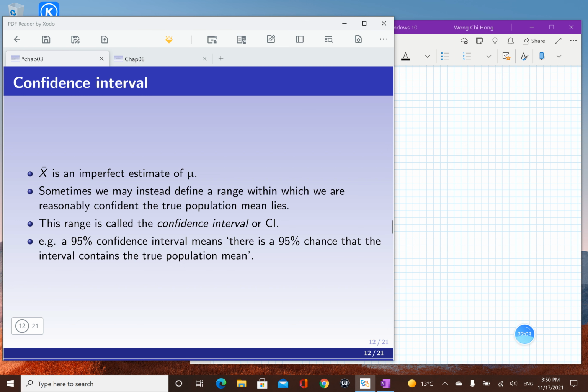I don't know what mu is, but I just have a number in mind, and then we use our x bar, using the alpha value to see whether this is likely to be true. Can we do the opposite? Like, I do my experiment first. I have my x bar, and I use my x bar to guess where the mu is going to be.